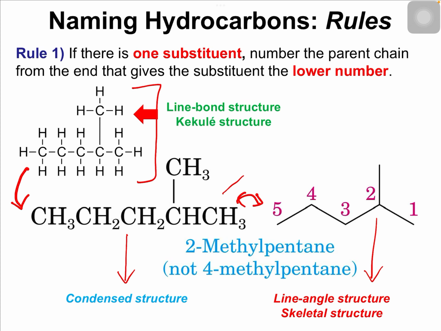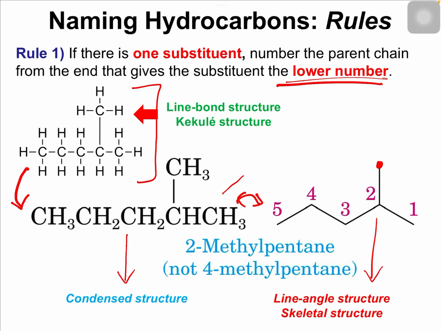So, ito na lang yung gamitin natin, yung skeletal structure. Ang sabi sa rule number 1, kapag may isang substituent sa inyong organic compound, you always find the longest chain for the parent at yung substituent na yon ay dapat mabigyan nyo ng mas mababang number.